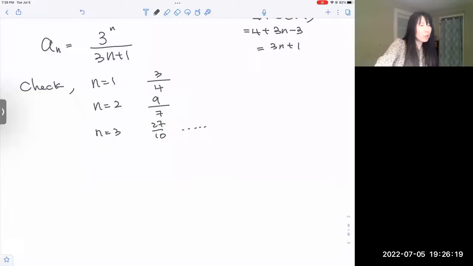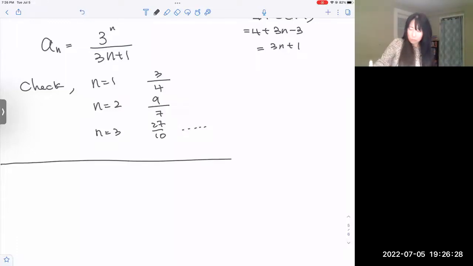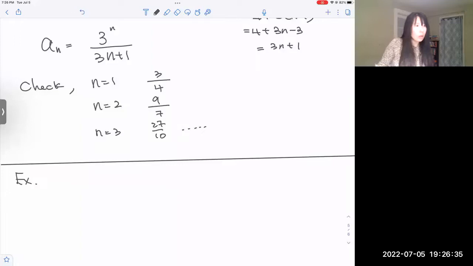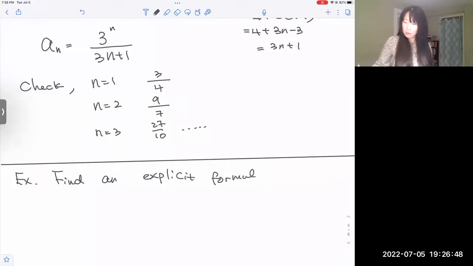Now, let's do one recurrence relation because we did earlier. Find the explicit formula for the sequence.